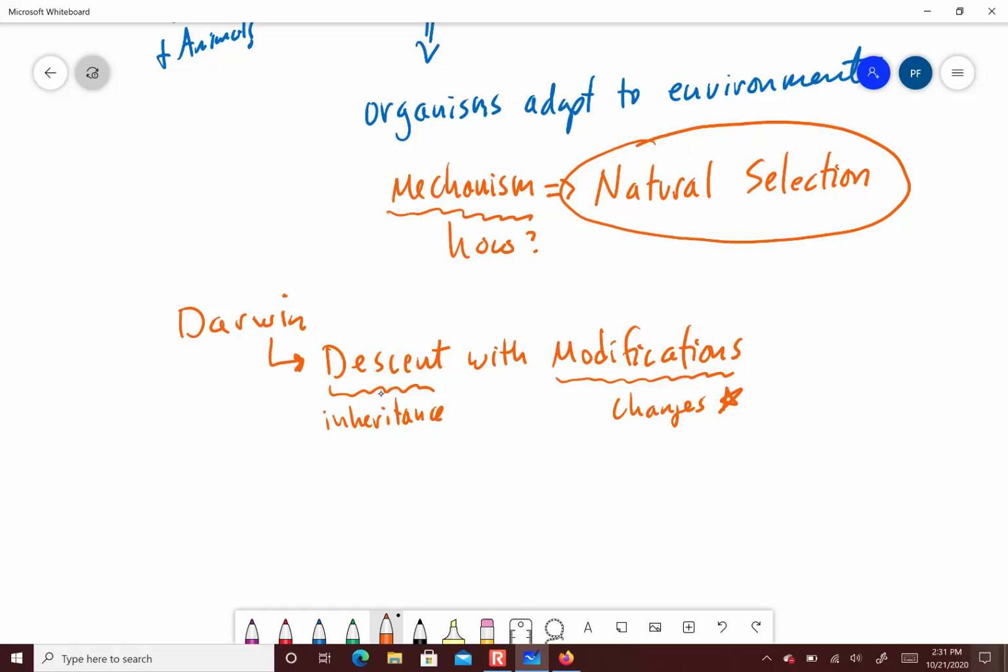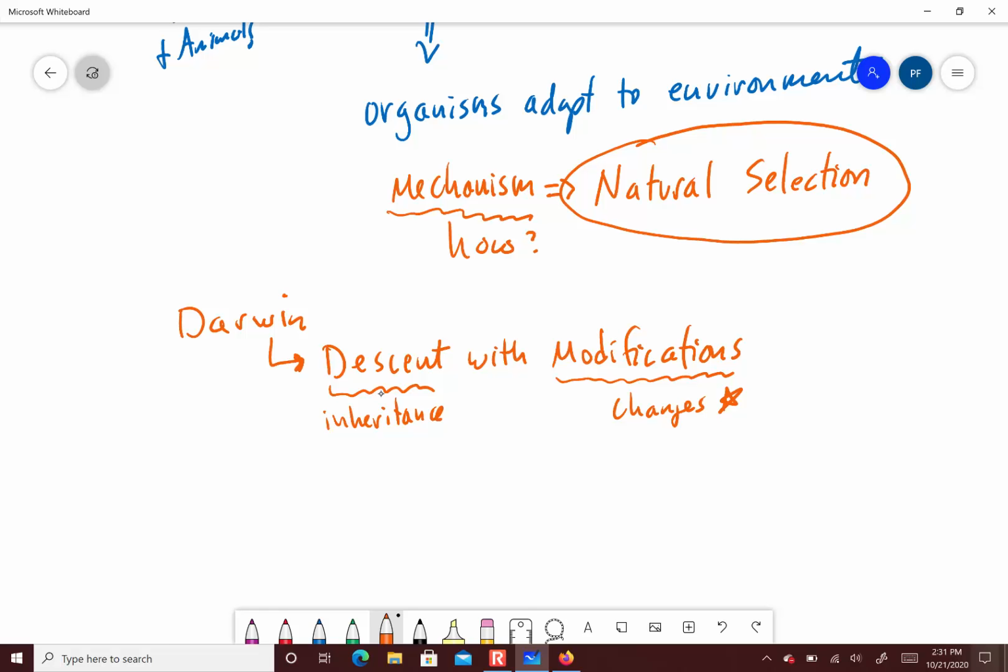You can make modifications that may not be very good, and those typically are not going to be inherited, right? So if there's a modification that makes something not run as fast, so it can't get away from predators, then it's not living as much, it's not reproducing as much, and that gene doesn't get inherited by very many offspring.